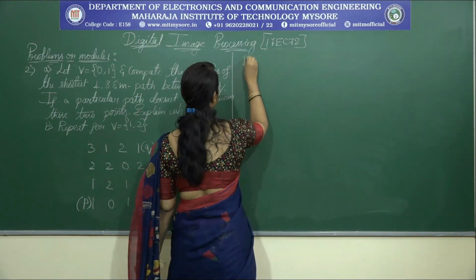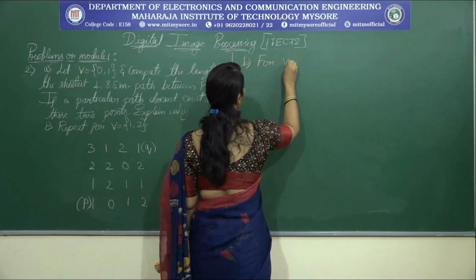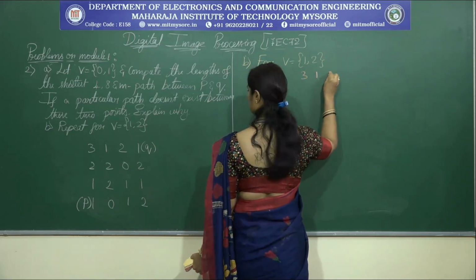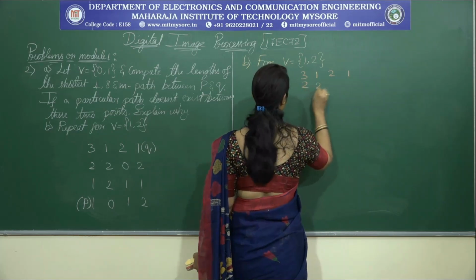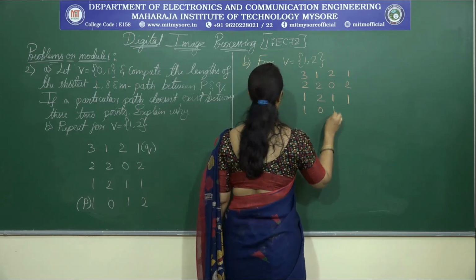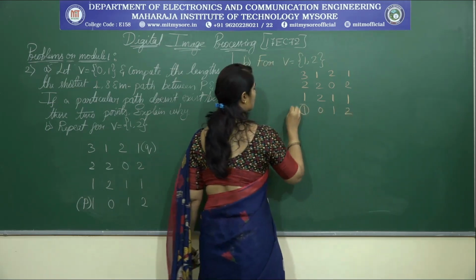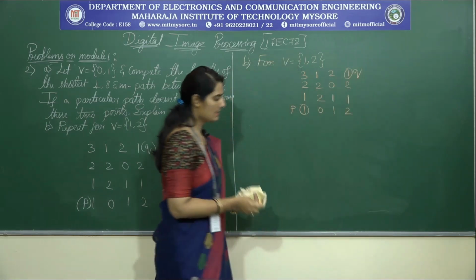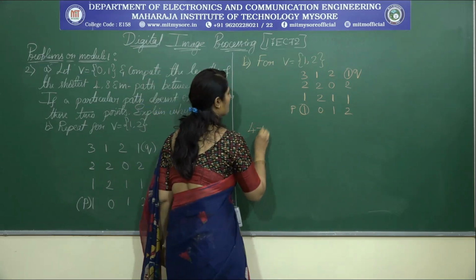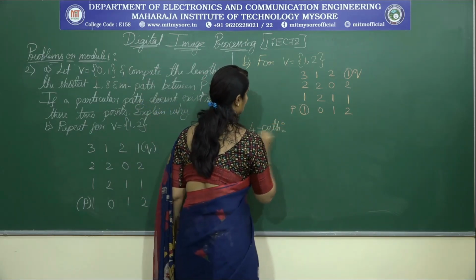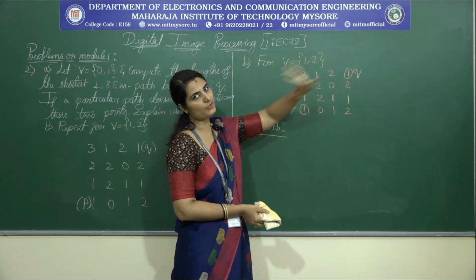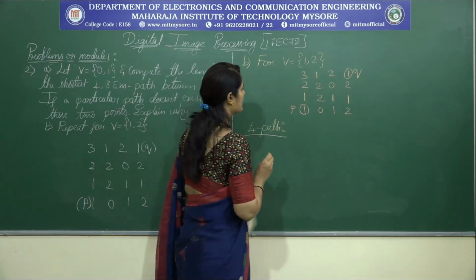So now for V is equal to 1, 2, and for the same elements 3, 1, 2, 1, 2, 2, 0, 2, 1, 2, 1, 1, 1, 0, 1, 2 between P and Q, first let me check for 4 path. Can I establish a 4 path between P and Q using only the elements 1 and 2? Yes. So let us see that.